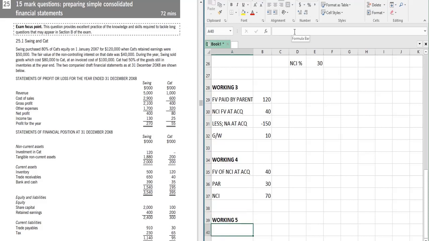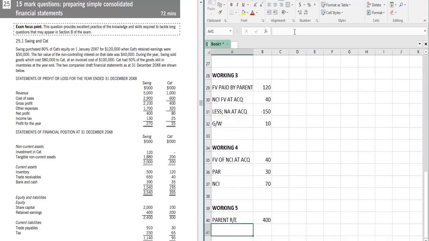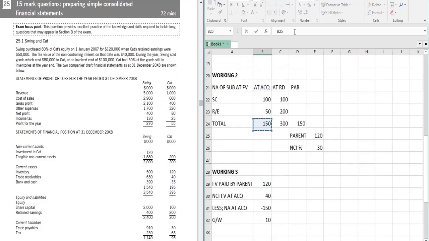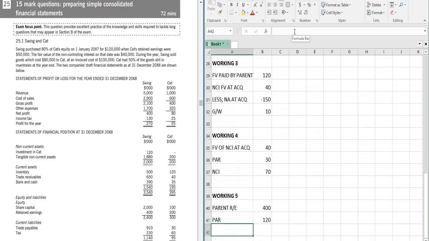Working 5 is group retained earnings, so we will take the parent retained earning which is given in the questions. It's 400. Then post acquisition reserve, we will take the parent post acquisition reserve, which we have done already here. How I calculated, you can have a look at the formula bar. Then anything else?